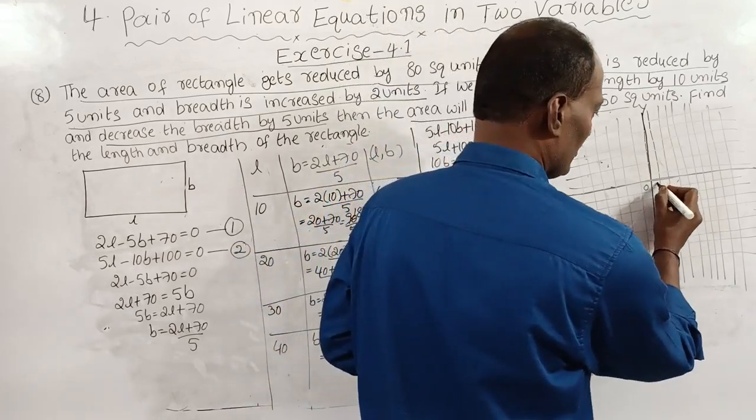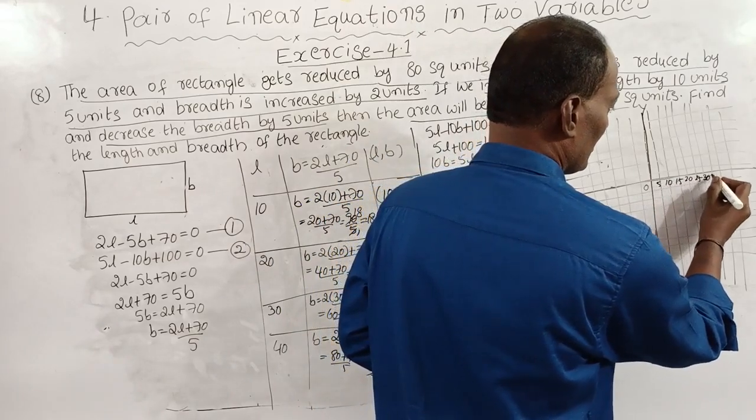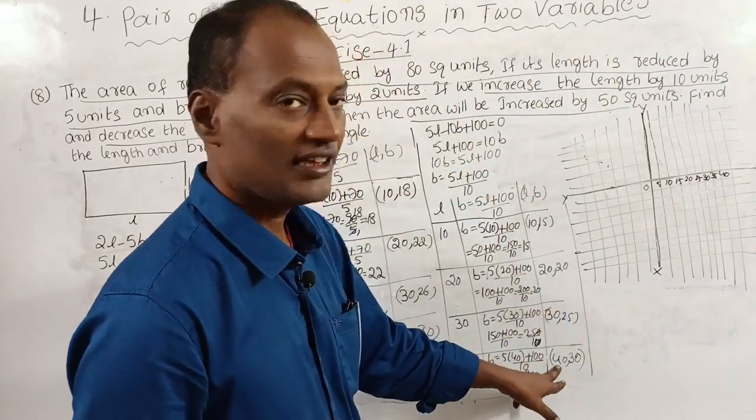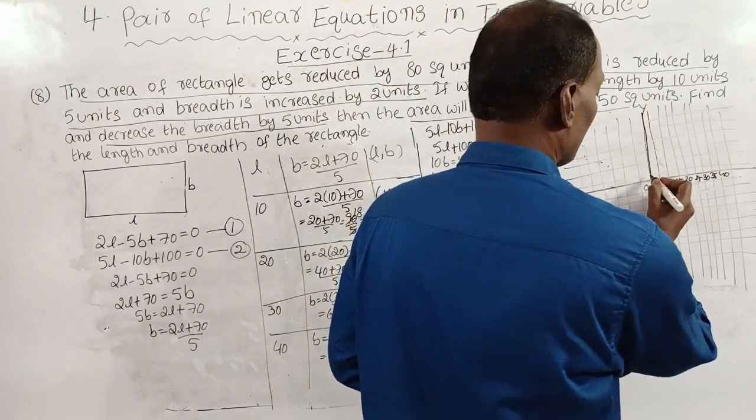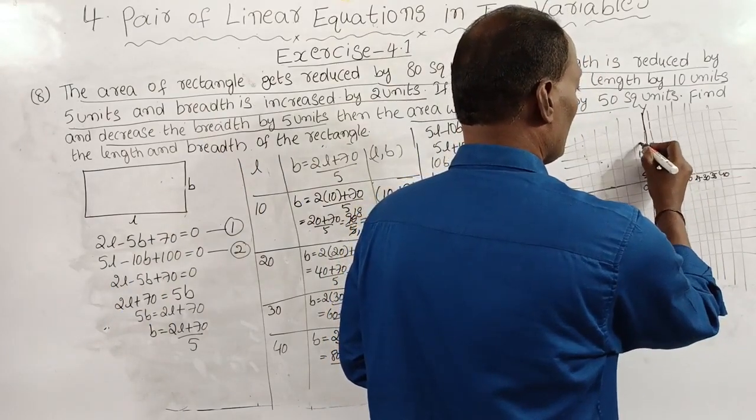So take 0, 5, 10, 15, 20, 25, 30, 35, 40, up to 40. Take for maximum value 40. The upside values are also positive values.